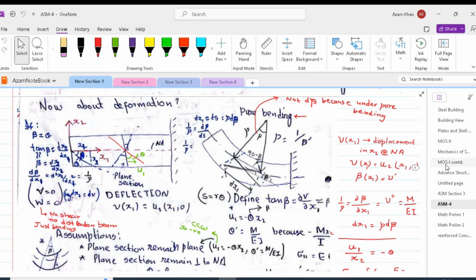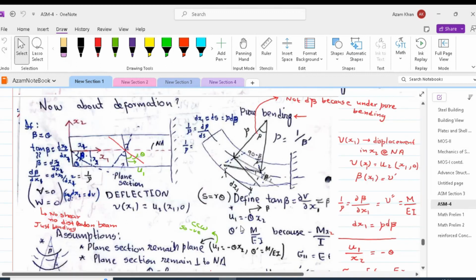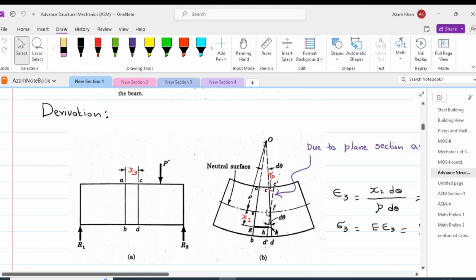So this expression is similar to what we discussed earlier. Another important term is u1, the displacement in the x1 direction, which will be equal to minus theta times x2. So in this case, if initially we had two fibers AB and CD, after deformation these fibers got oriented and made an angle d theta with their original location.